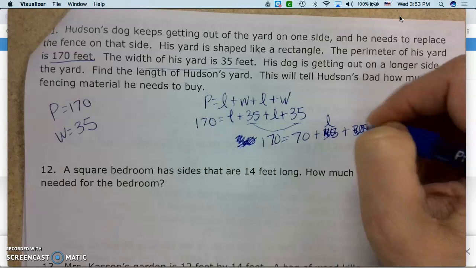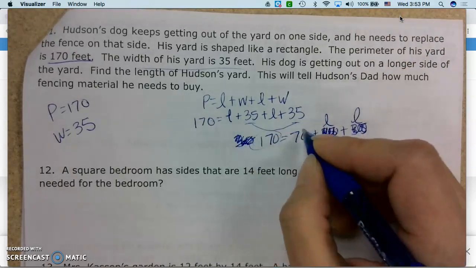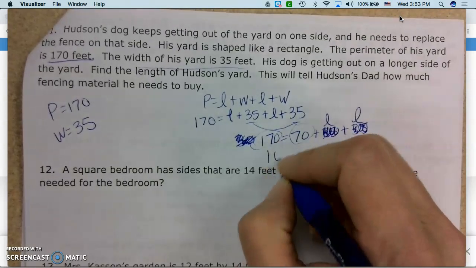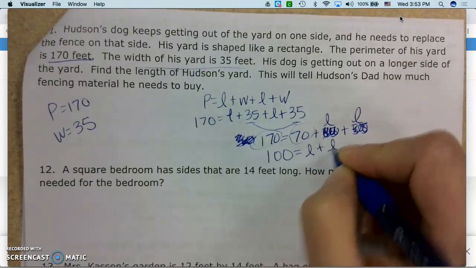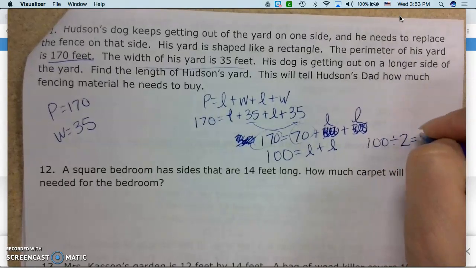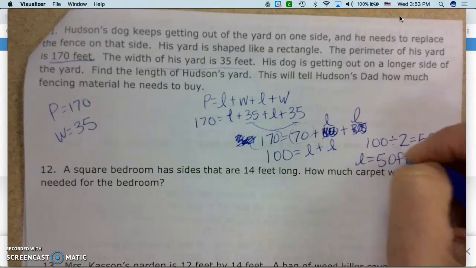That's the length and the length. Sorry. So then you need to subtract your perimeter minus your widths put together. 170 minus 70 is 100. And that's equal to length plus length. And 2 lengths makes 100, so I need to take 100 and divide it by 2. And that makes 50. So 1 length is equal to 50, and it would be feet.